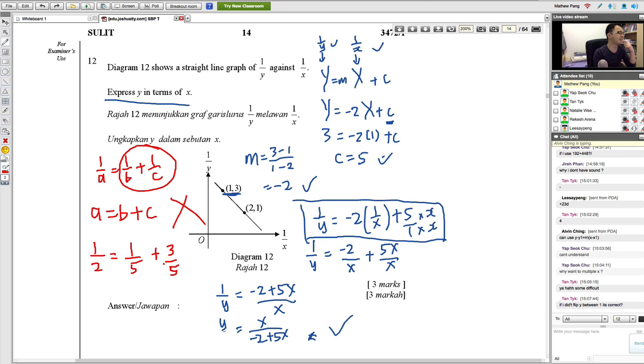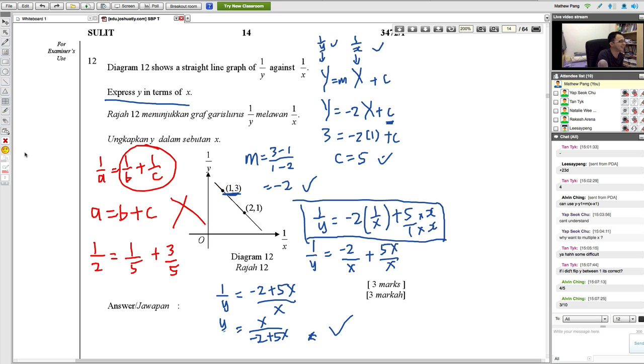Yeah, this is not correct. 4 over 5, you'll get 1. No, it's not correct also. So 1 divided by 5 is 0.2, plus 0.3 is 0.5, isn't it?